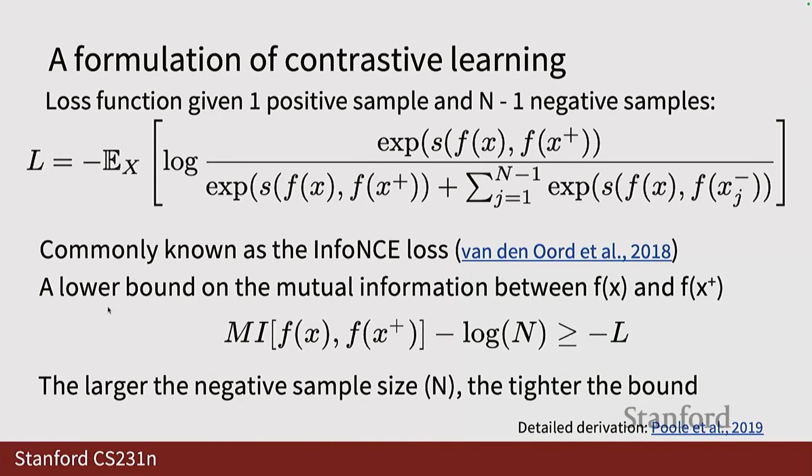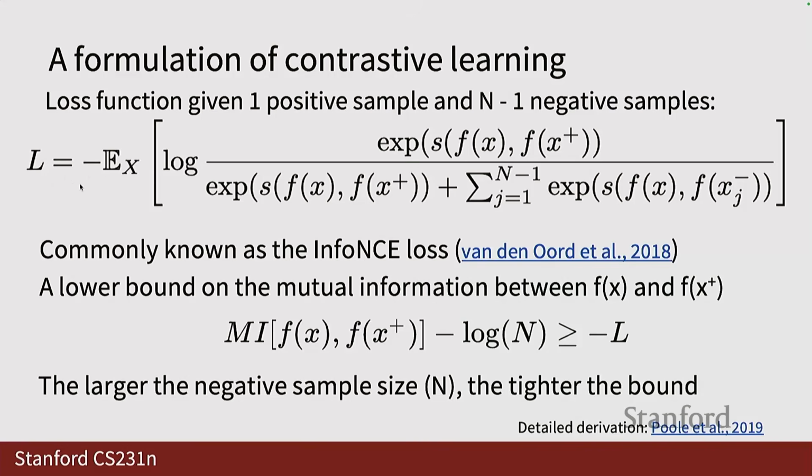The negative of this loss function for NCE is a lower bound on mutual information between X and X plus. So if the negative of it is a lower bound on mutual information, and I minimize the InfoNCE, I'm basically maximizing the mutual information between X and X plus. So this is what I really want. That's why we take this as the loss function and start minimizing that value.